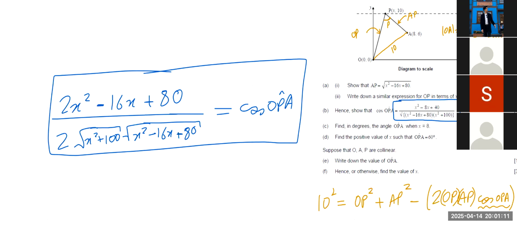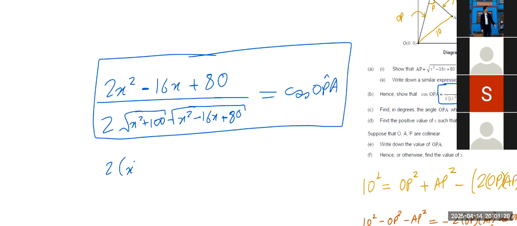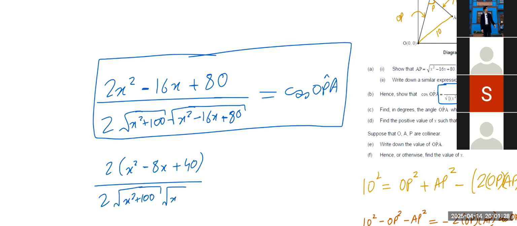It's because they've cancelled out this 2 with a 2 from here, here, and here. Basically, they factored out a 2 at the top, which made it x squared minus 8x plus 40. And then they cancelled this guy with the 2 at the top. So they took the 2 common at the top and cancelled it out, which gave you this.